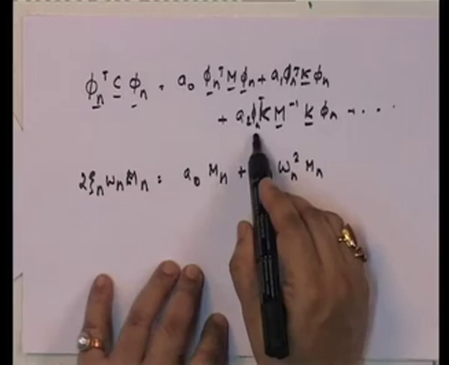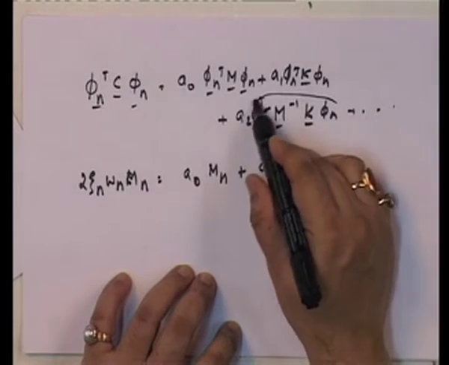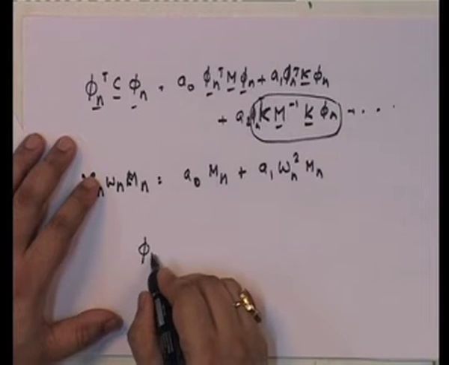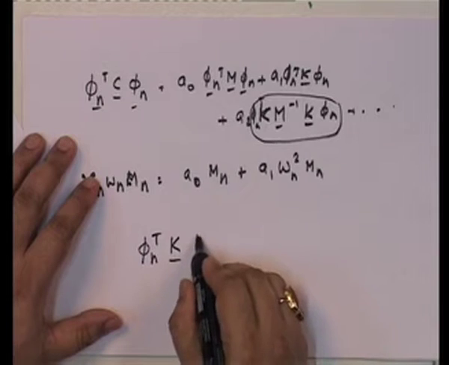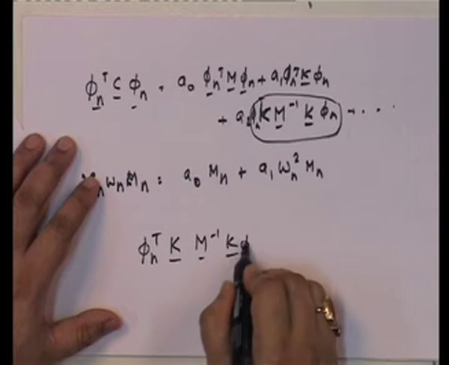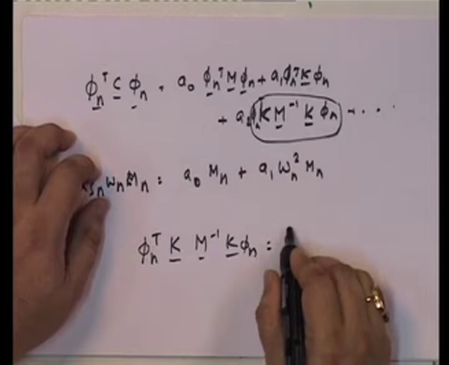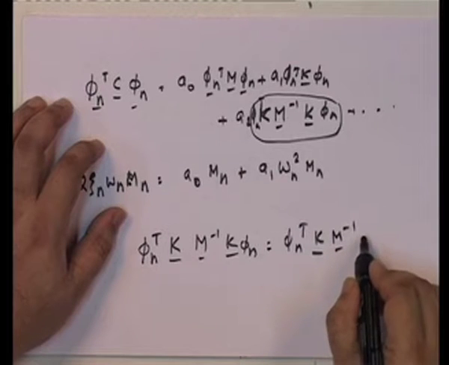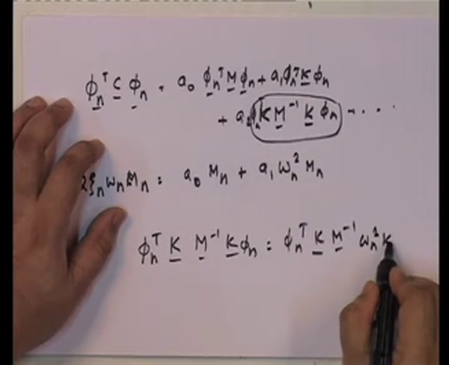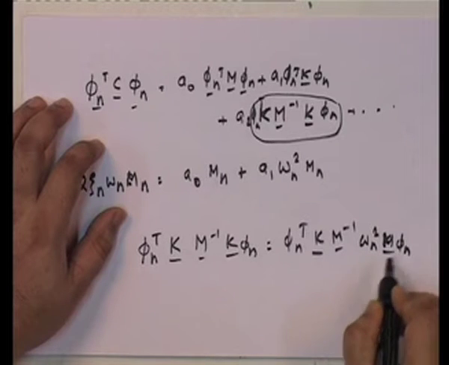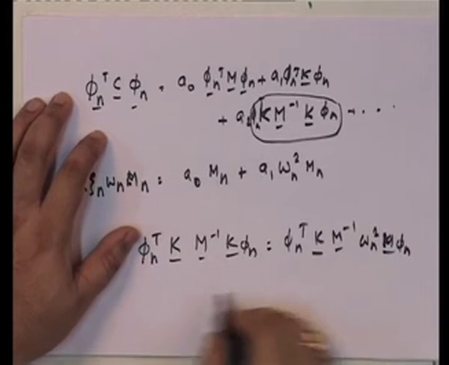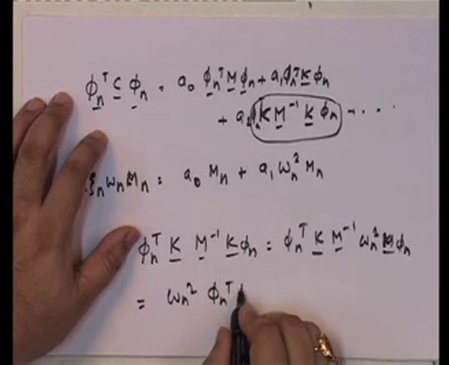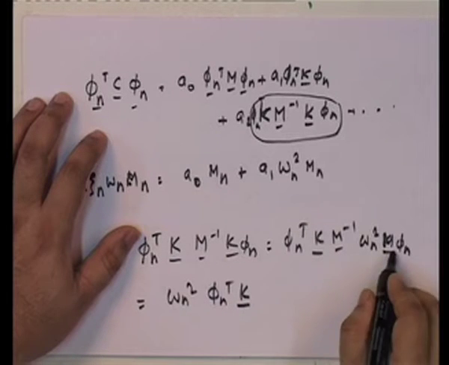What is this? Let us see what this one is equal to. Now, if I look at this, phi n transpose k m inverse k phi n is equal to phi n transpose k m inverse into omega n squared m phi n. So, if I put omega n outside, what do I get? Omega n squared phi n transpose k m into m inverse is this.